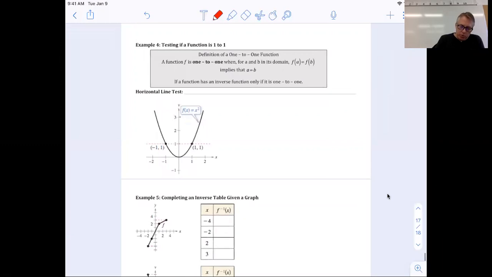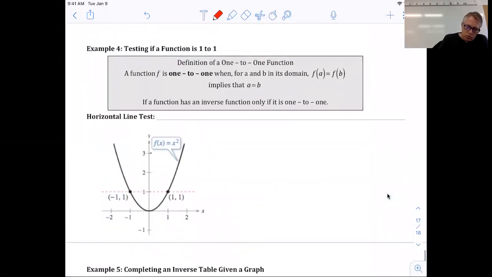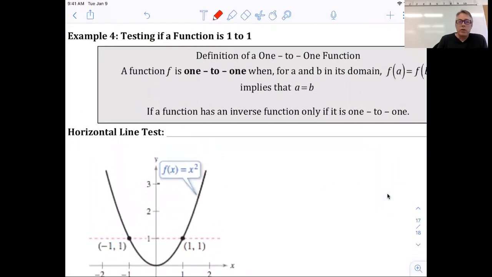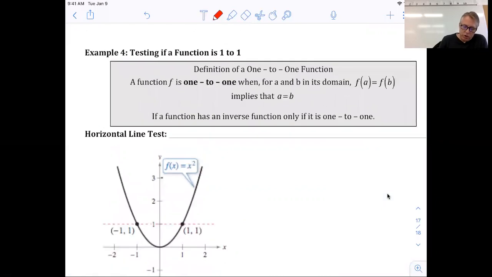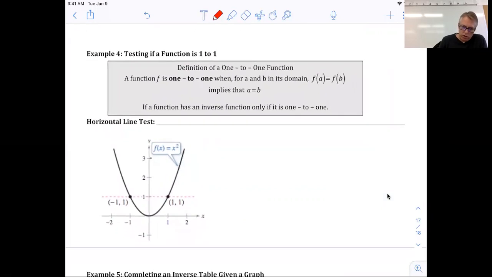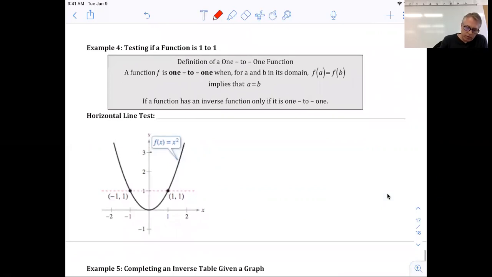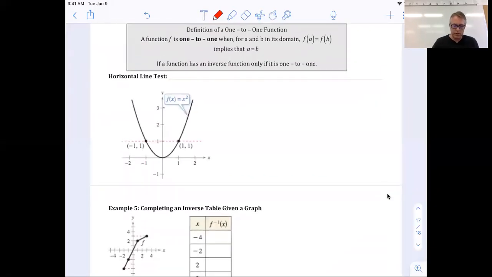Now, the reason that's important is because of what's called a one-to-one function. The horizontal line test is just like the vertical line test. You use the horizontal line test to show if a function is one-to-one. So for example, this function right here is not a one-to-one function. It doesn't pass the horizontal line test.